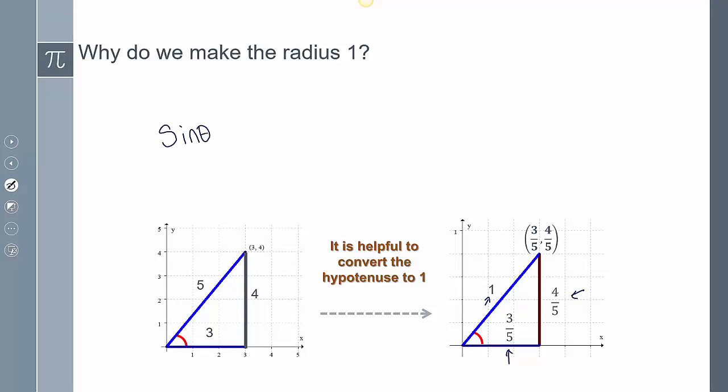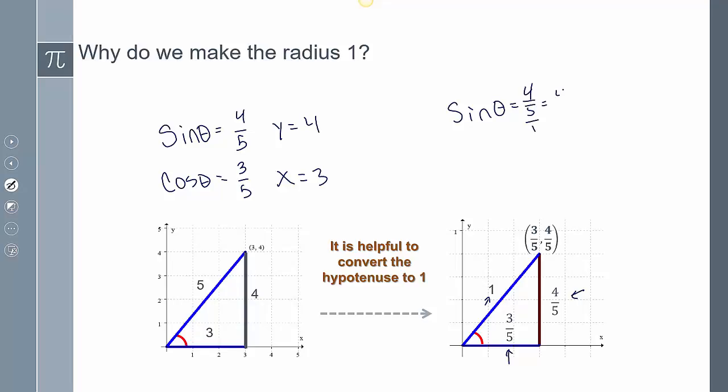Now let's see what happens here. If I say the sine of theta on this one, we get 4/5. If I say the cosine of theta, I'm going to get 3/5. Well, my x value is 3, and my y value is 4. But now on this one, if I say the sine of theta, this is opposite over hypotenuse, which is 4/5. If I say the cosine of theta, this is adjacent over hypotenuse, which is 3/5.